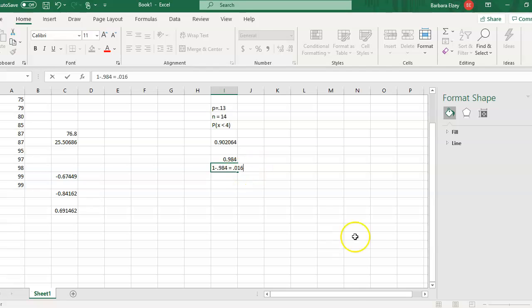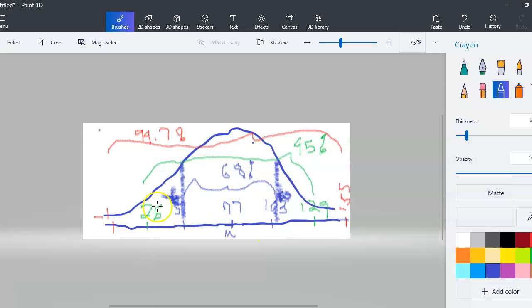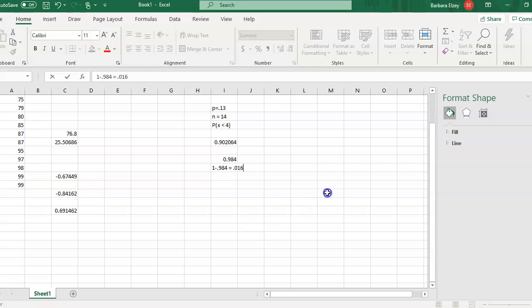All right, and then there are two places where we'll have this area. So these two pieces of area have to equal 0.016. If we divide 0.016 by 2, that will tell us how much area is over here, because these are symmetric. So we divide that by 2, and that's 0.008.